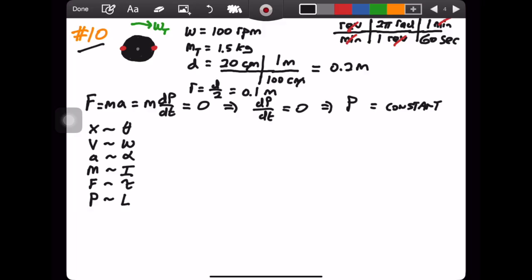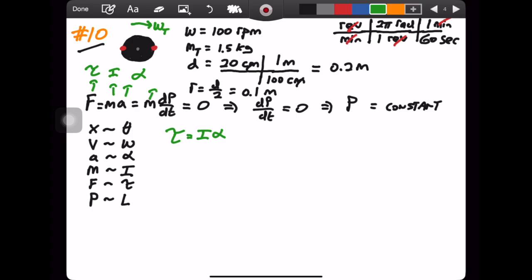I'll change the color here. This is analogous to torque. This is analogous to moment of inertia. This is analogous to alpha. So I can say torque equals moment of inertia times angular acceleration.